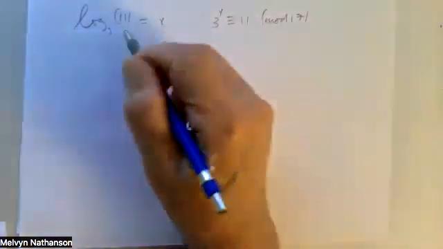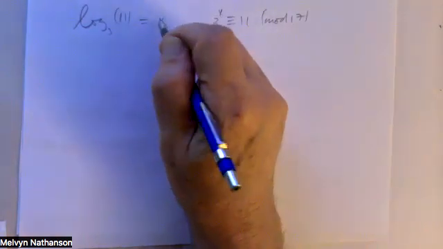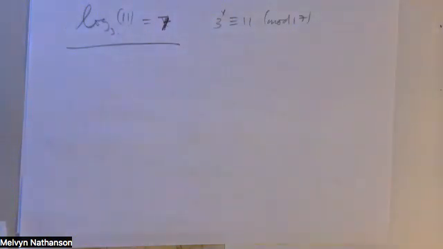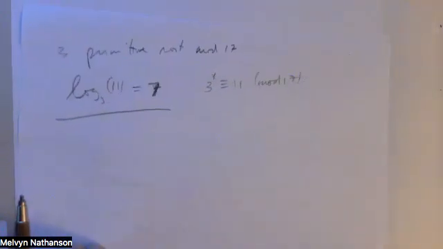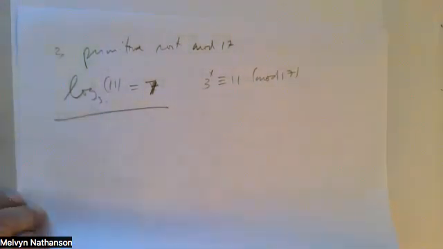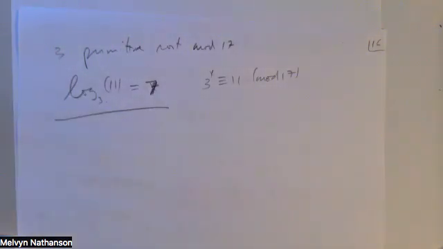So the discrete logarithm of 11 with respect to the base 3 is equal to 7. That's problem number 5.